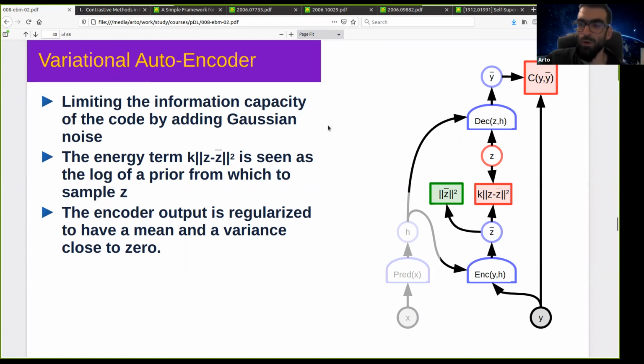As we move along this interpolation from z for 3 to z for 8, the reconstruction produced by the decoder will be 3, 3, 3, then something in between maybe, and then it switches to 8. That would be the ideal case, right?